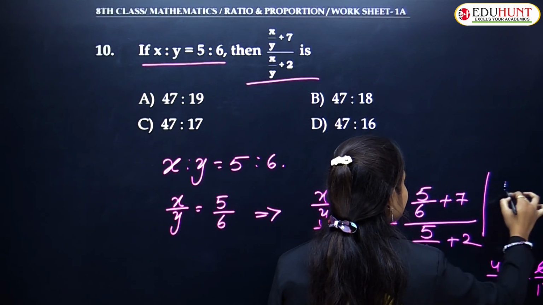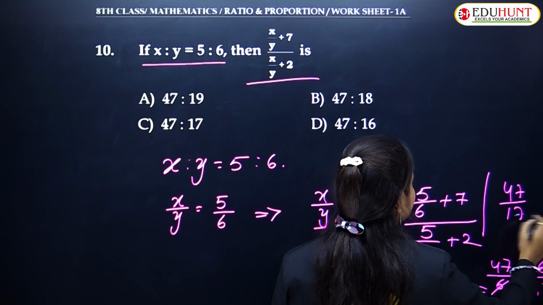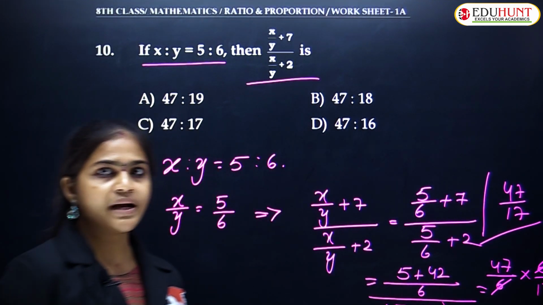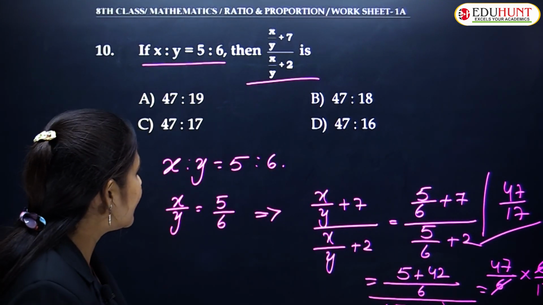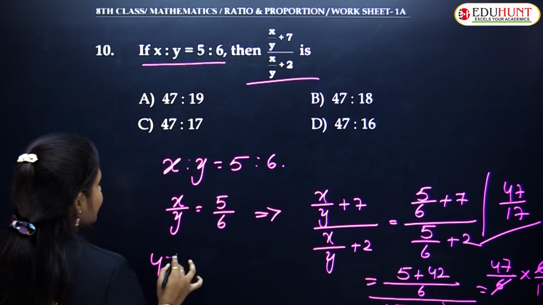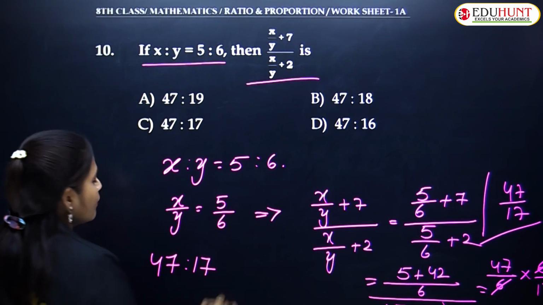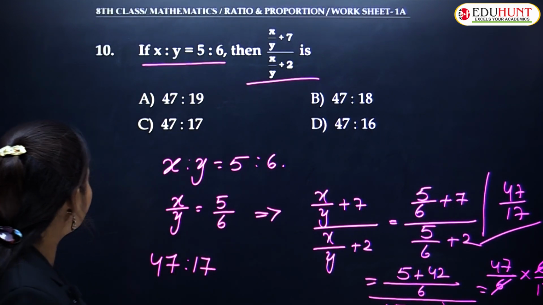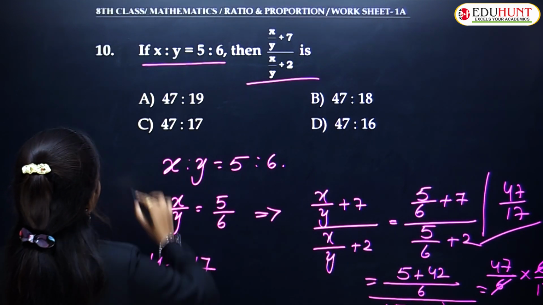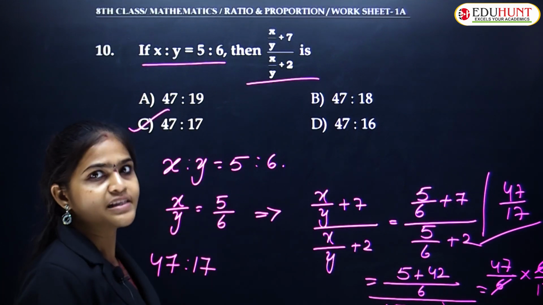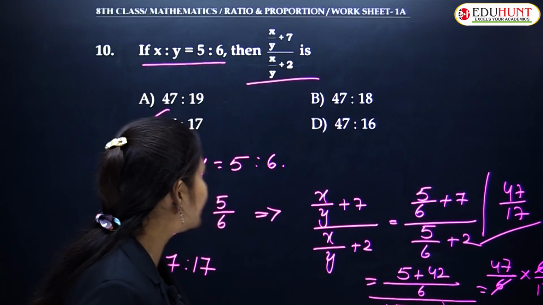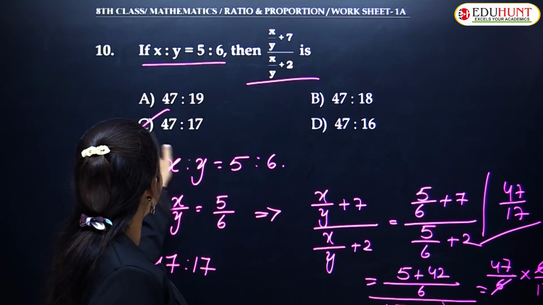So finally the answer is 47 by 17. We can write that as 47 is to 17. So which option is correct here? Option C is correct, that is 47 is to 17. So the 10th answer is option C.